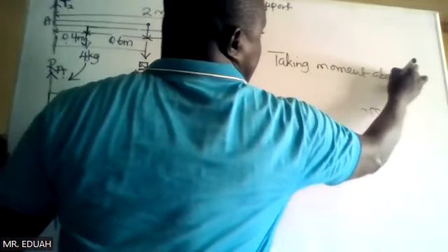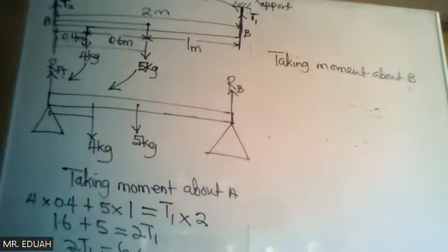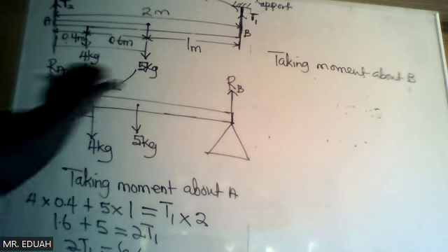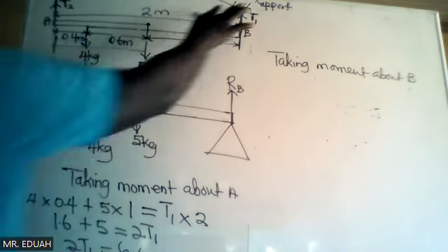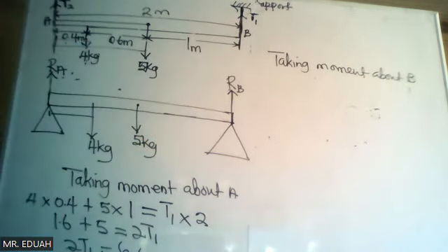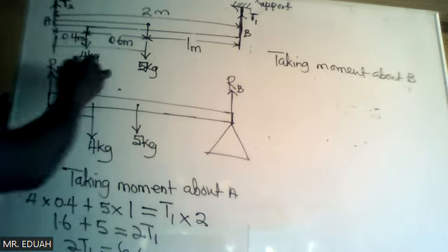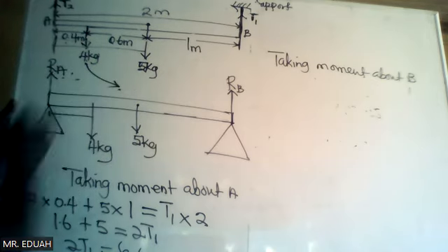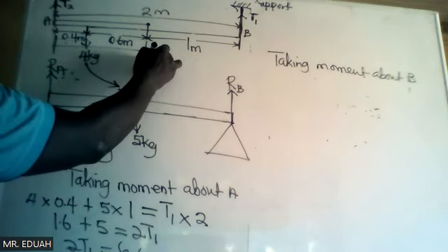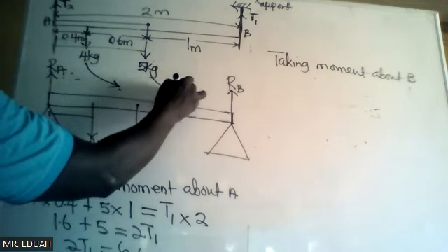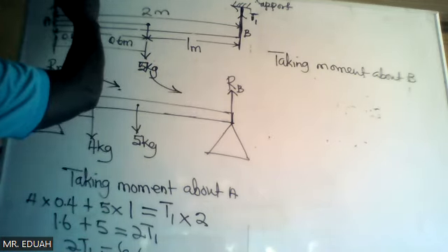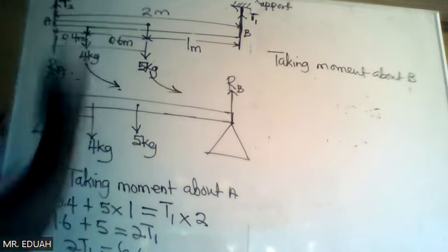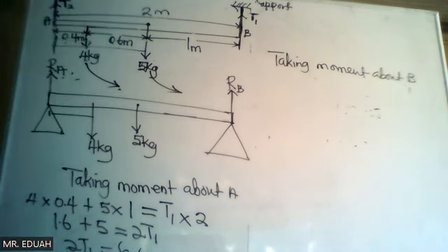Taking moment about B, you must be clear on your directions because this one will give you different directions as well. This will turn in this manner, this will also turn like this, then T2 will turn in the opposite direction.